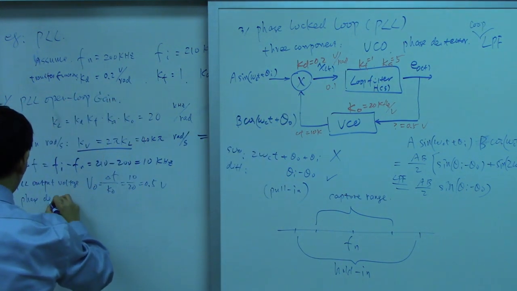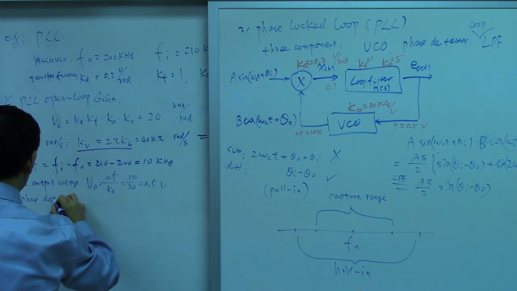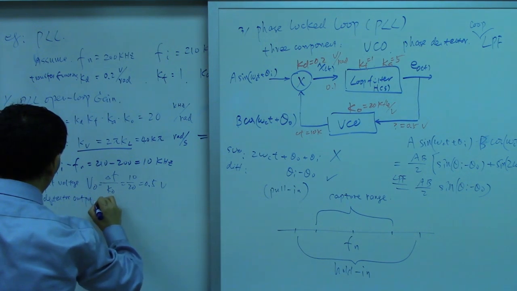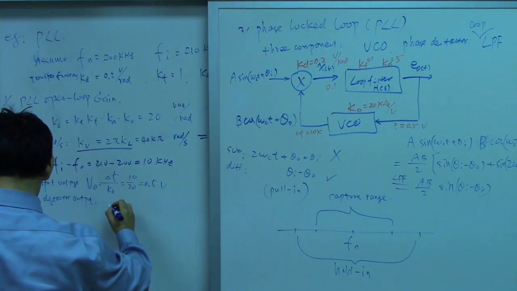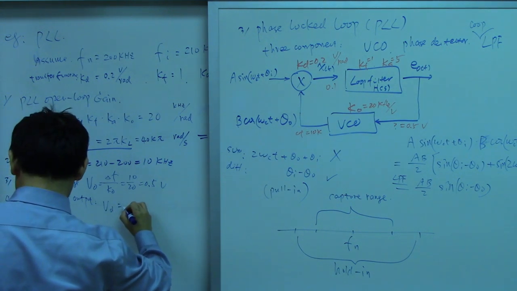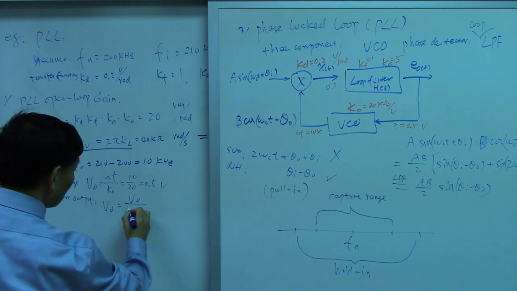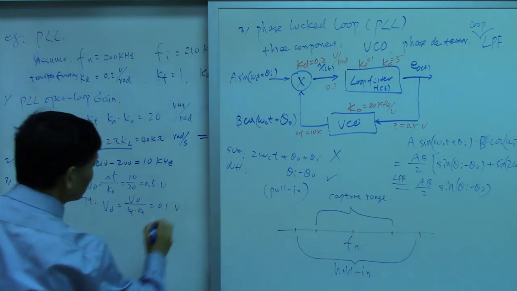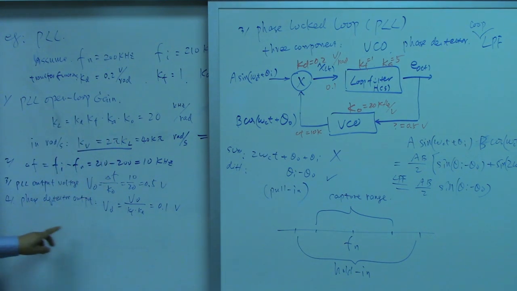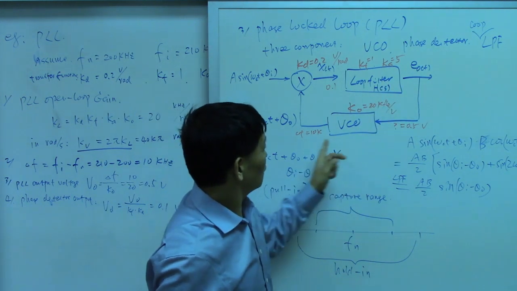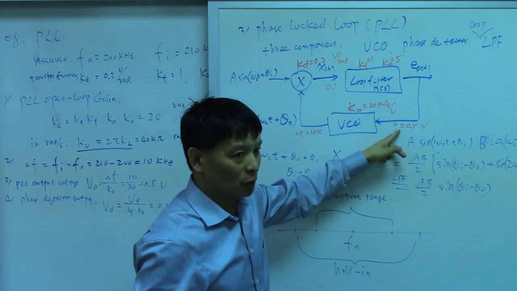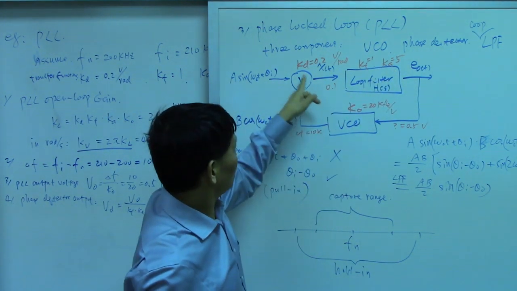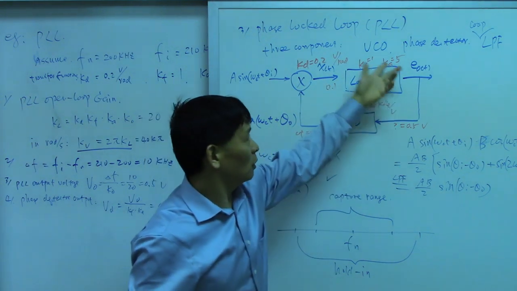VD equals V out divided by Kf times Ka, which equals 0.1. We go backward from here. This is the requirement, so the output here must be 0.5, with gains of 5 and 1. That means the output of the phase detector must be 0.5 divided by 5, equals 0.1.